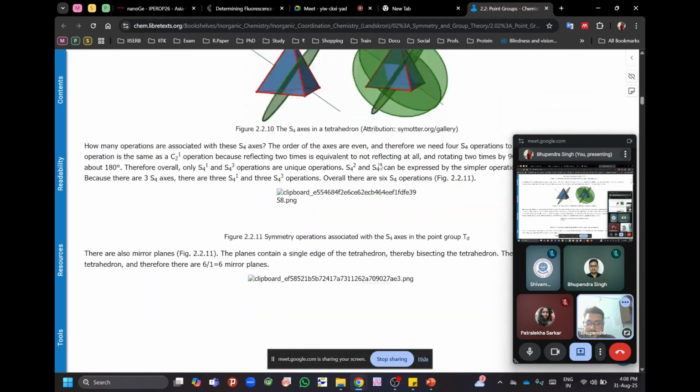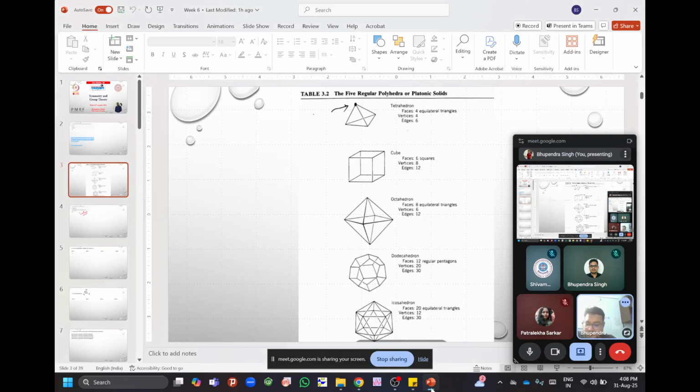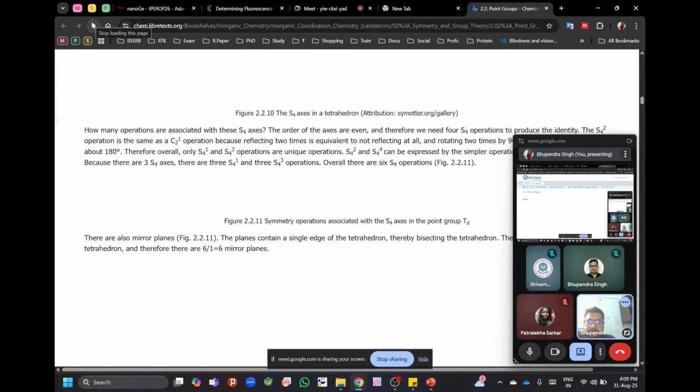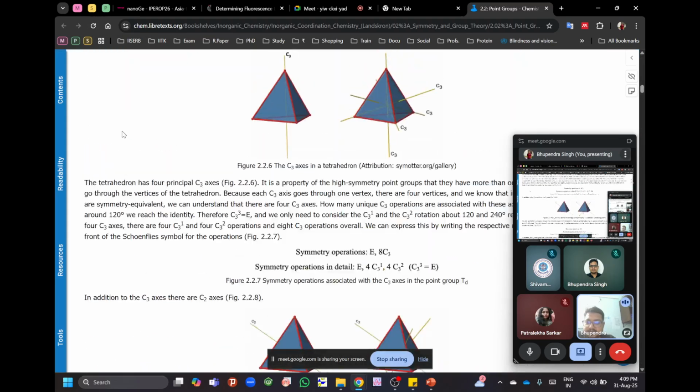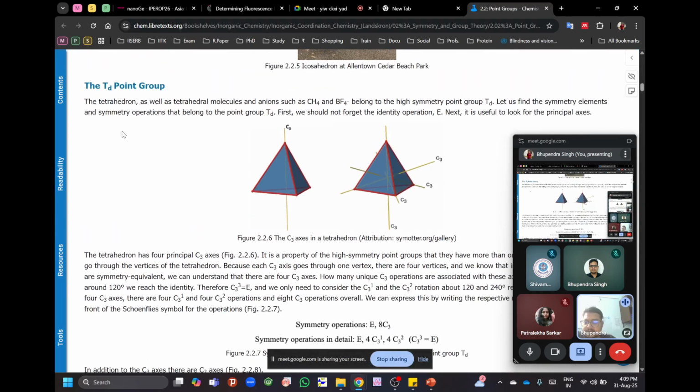So let's say for the first example, which was tetrahedral. Okay, tetrahedron. So let's see how it looks. Symmetry elements. This is your tetrahedron.